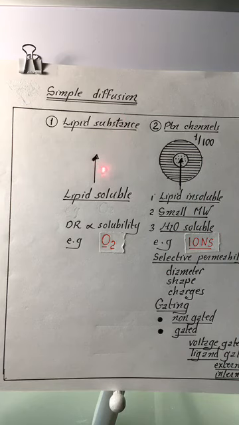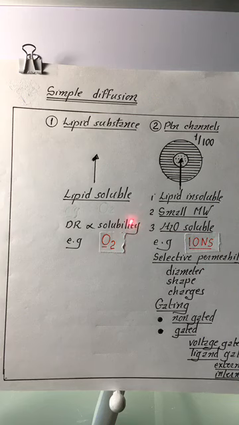And I tell you something, this is the best opportunity. You know why? Because the area of the lipid is 100 times the area of protein channels. And definitely the diffusion rate will be directly proportional to their lipid solubility.